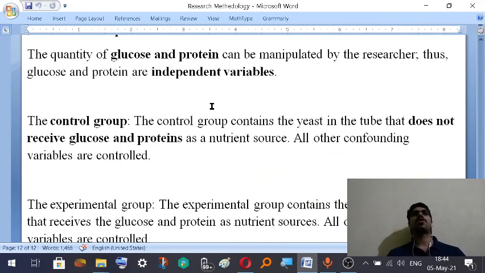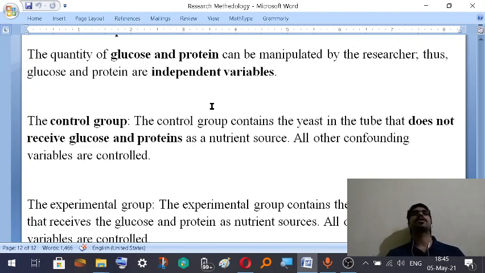Now let's talk about how do we design control group here. Like we have defined before, control group is something which doesn't receive any treatment. So in this case, our treatment is glucose and protein. So we will make sure that our tube, which we are considering as a control group, doesn't contain glucose and protein as a nutrient source.